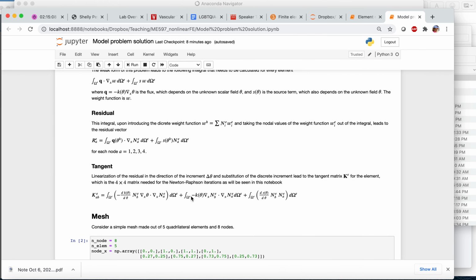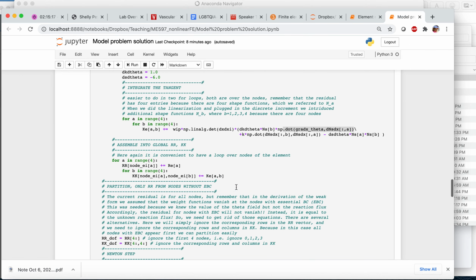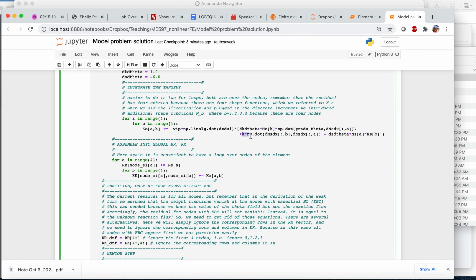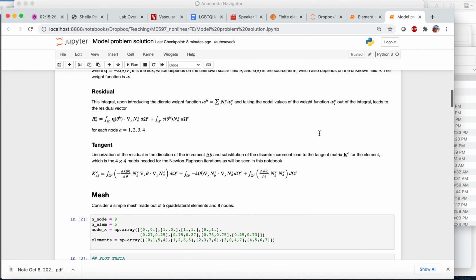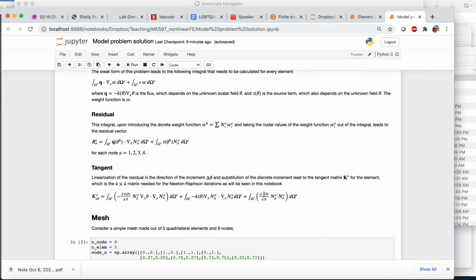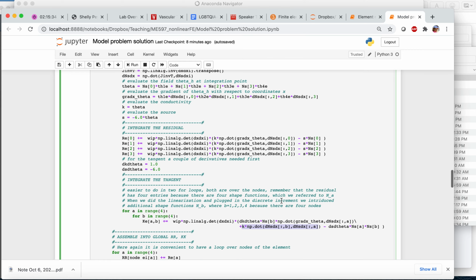Then the second term is minus k times gradient of shape function b times gradient of shape function a. Let's see. K times gradient of shape function b times gradient of shape function a. And then the last term is derivative of s times shape function b times shape function a.